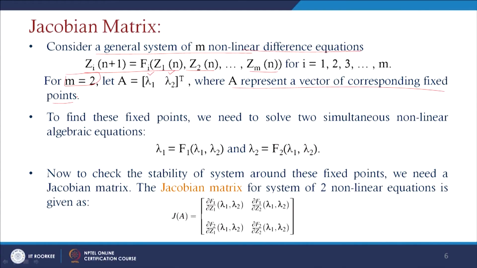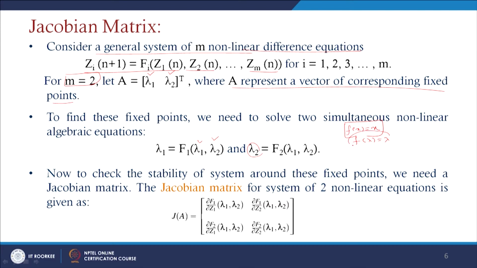This means that we can put lambda 1 as f1 of z1 n, z2 n, since these are fixed values, as lambda 1 and lambda 2. Similarly, for z2 of n plus 1, if we put it in the form of lambda 2, that is also a fixed point, since in fixed point form we usually put f of x equals x, or f of lambda equals lambda.